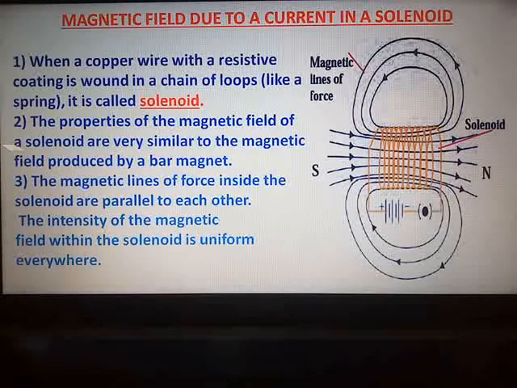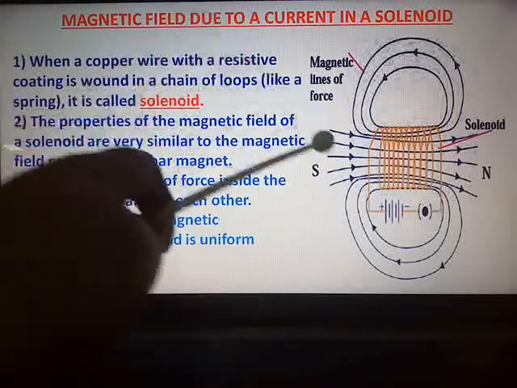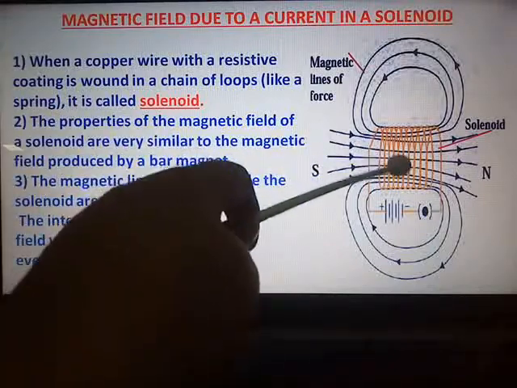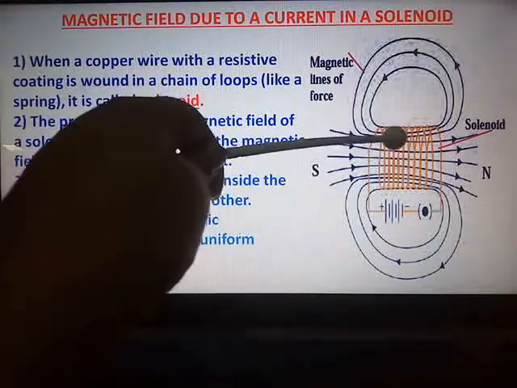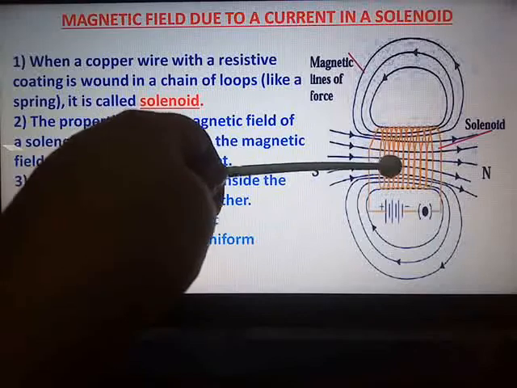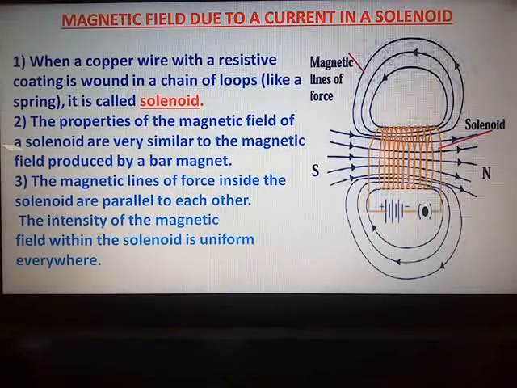I have told you one end acts as the magnetic north pole and the other as the south pole, and the magnetic lines of force inside the solenoid, if you look carefully, are parallel to each other. And what does this mean? The intensity of the magnetic field within the solenoid is uniform. It is the same everywhere. So the magnetic field in a solenoid is uniform.